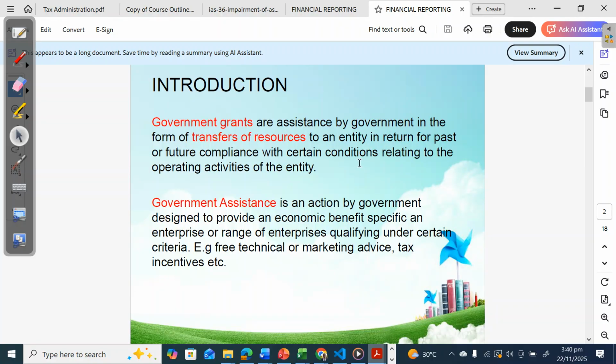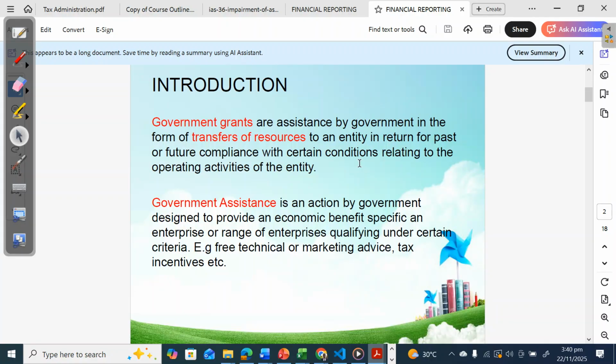A grant is actual resources that the government delivers to another party, to an entity, to a business. But an assistance is not a resource. It's a form of arrangement that helps the business, or that gives the business an advantage. I think that's the better word.